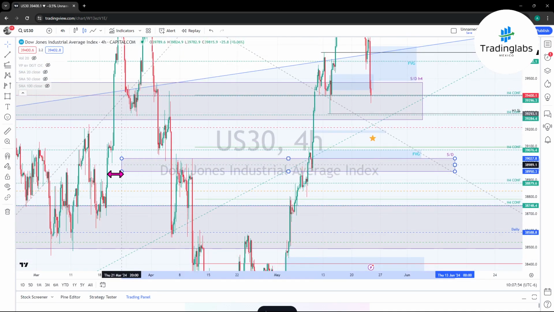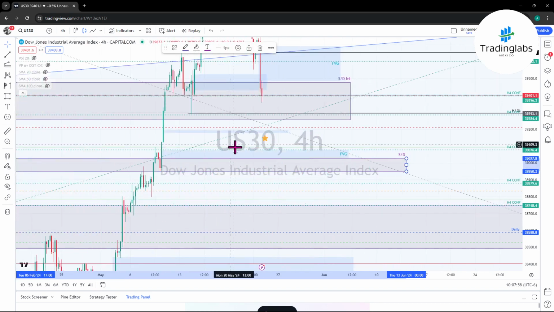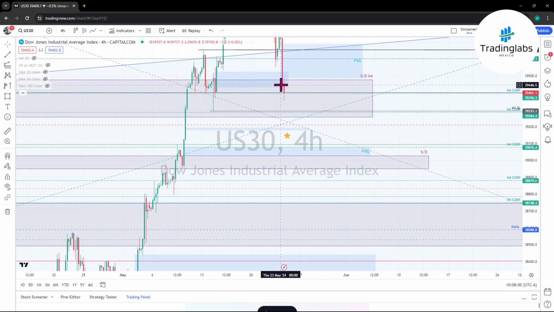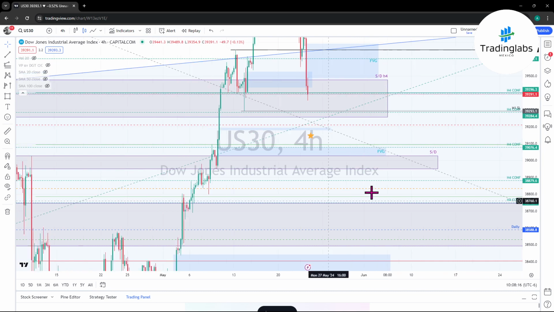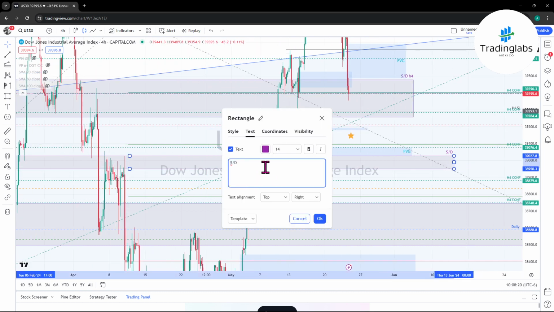We have another demand here. If the price does not respect this demand, maybe we'll find support in this demand, filling this fair value gap, and maybe it can react from here. This H4 demand.